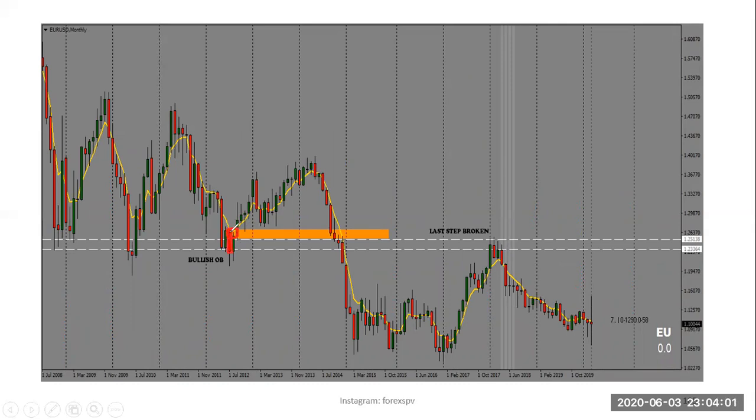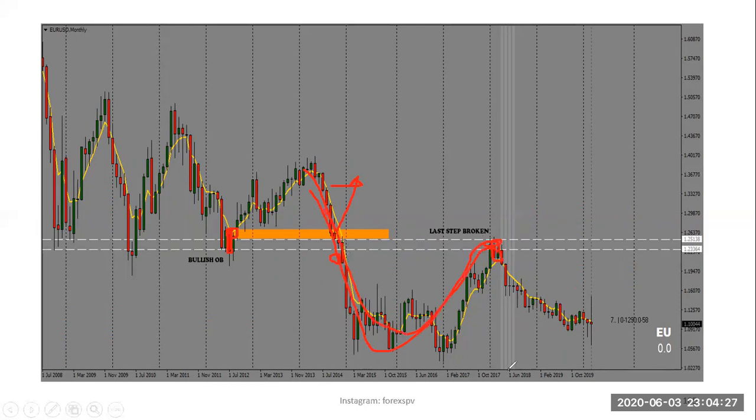So this was a bullish order block. So we expected price to come and retest this and continue with an uptrend. But then price breaks through it. And then later on, it came to retest this order block. So the whole process is called a last step broken.